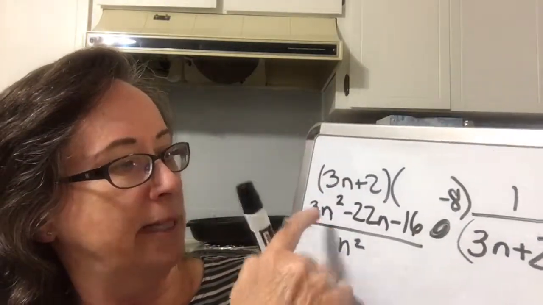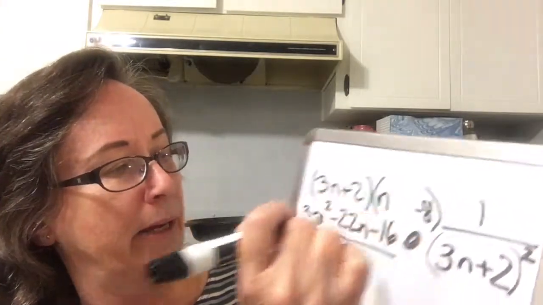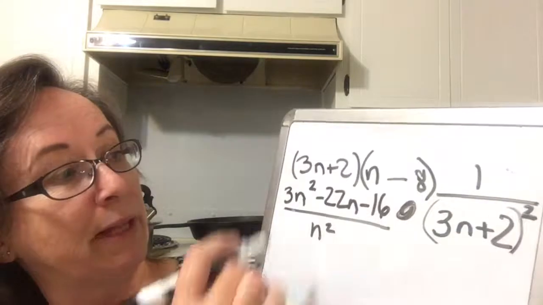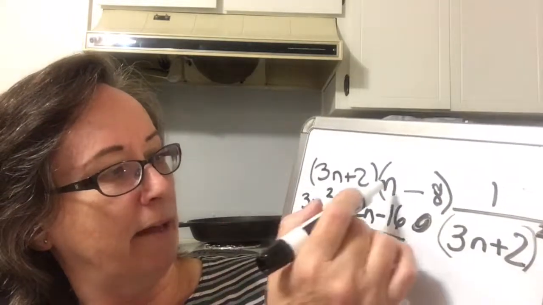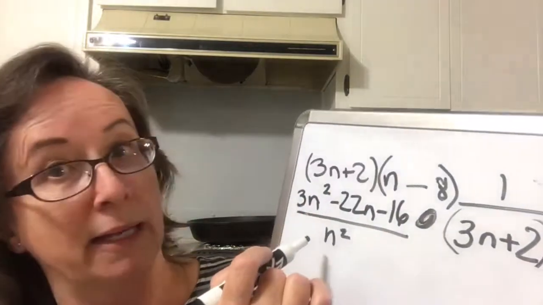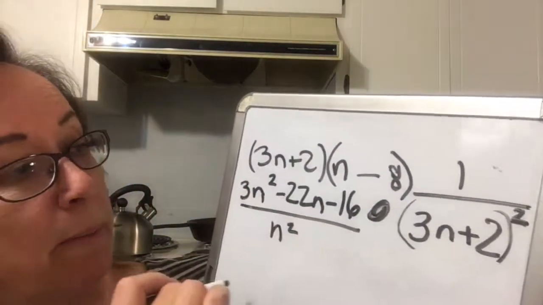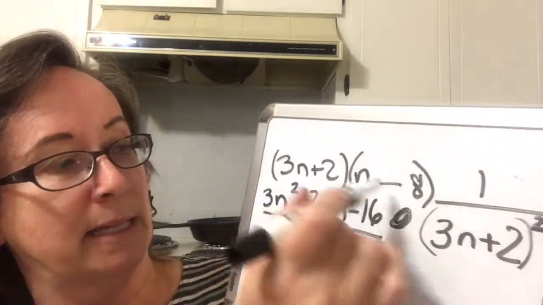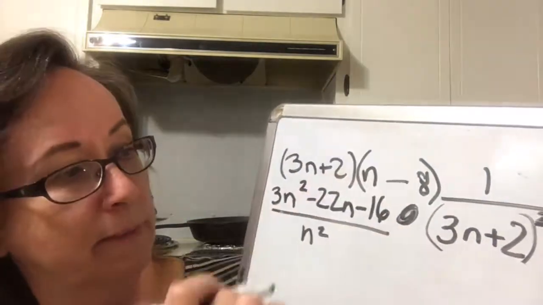And if 3 was there, a 1n would have to be here. And since that's a negative 8, we'll put the minus here. So then I FOIL this, and I say, okay, 3n squared minus 24 plus 2n is going to give me my minus 22n and a minus 16. So yes, this did factor here.